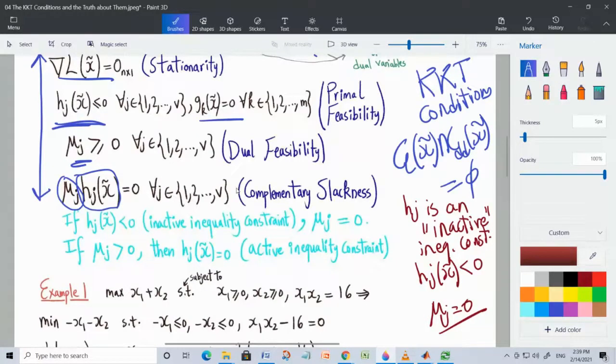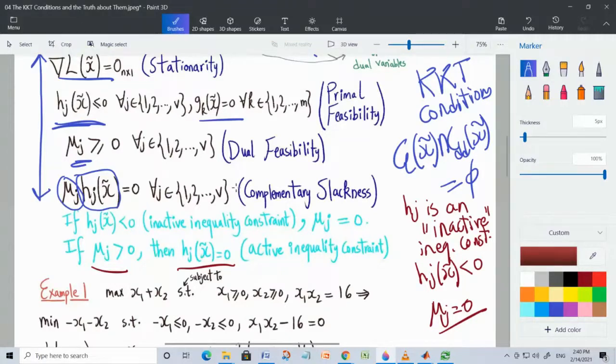And now, if μ is strictly positive, then from our previous analysis, it must be the case that we are talking about one of those inequality constraints that are active, that are satisfied with strict equality. So in both cases, the product must be 0.